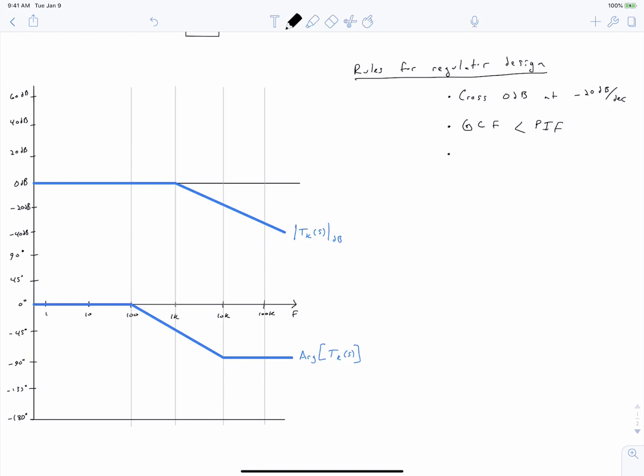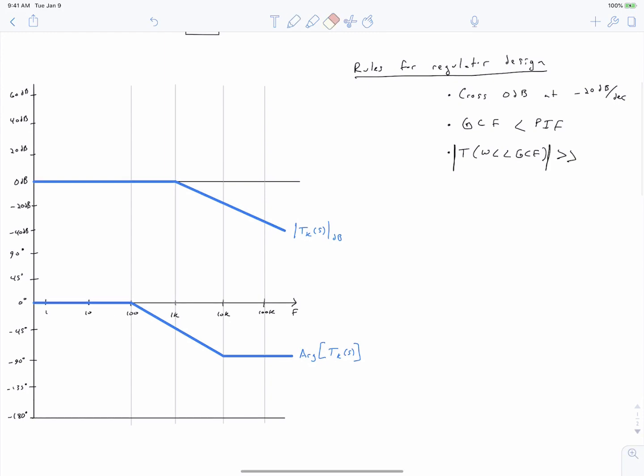Our third and final rule was that we want to have our loop gain at frequencies much, much smaller than our gain crossover frequency. The magnitude of this should be much, much greater than 1.